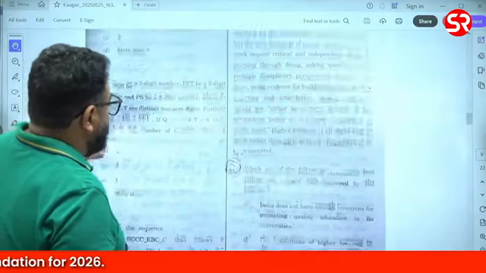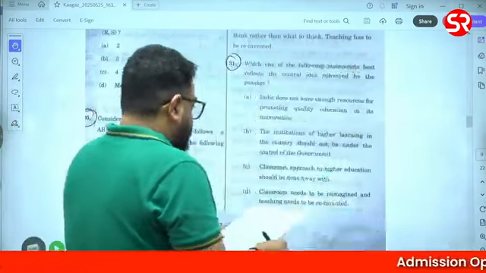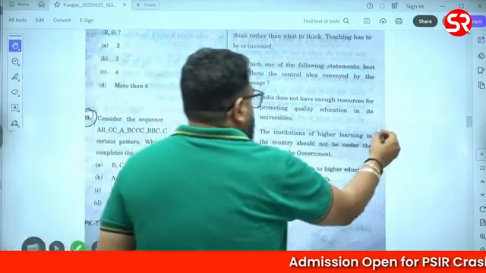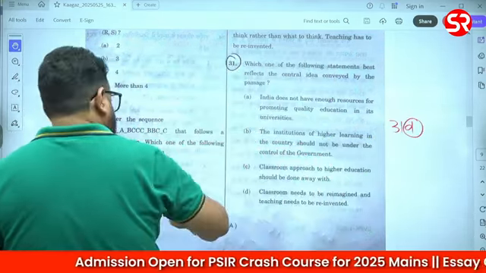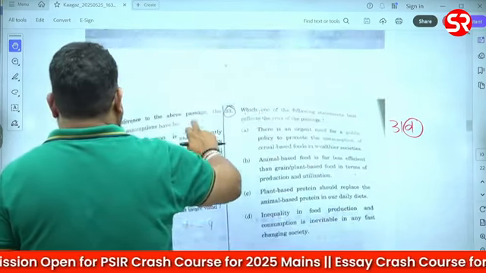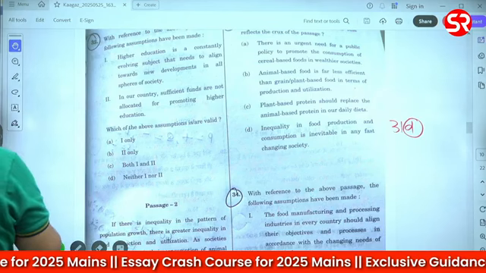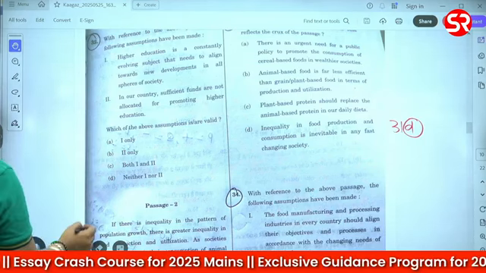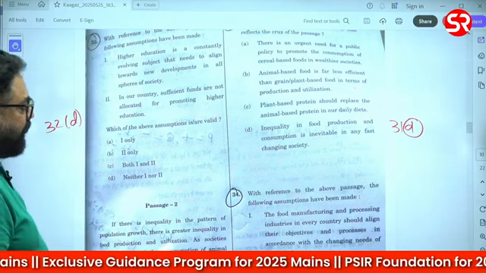So next passage is 31. Let's see, 31 is D, 32 is D, right?